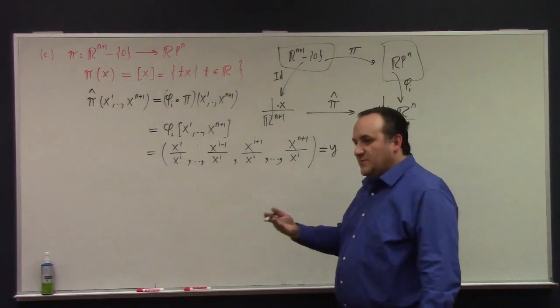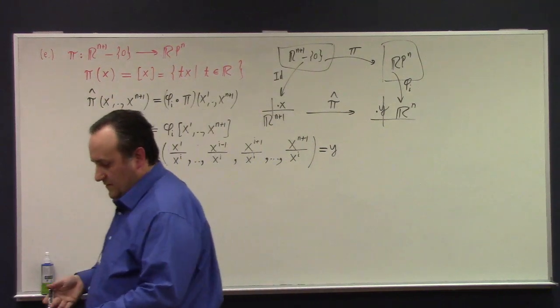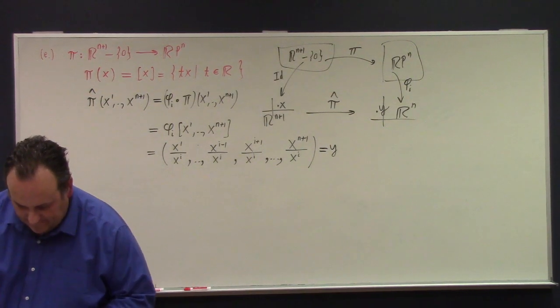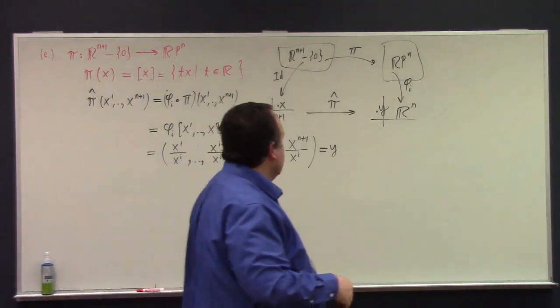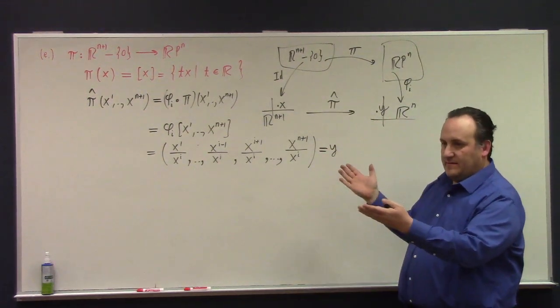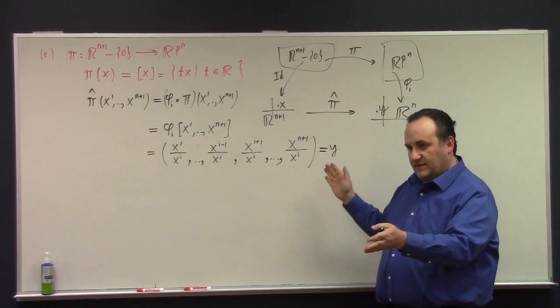Is that smooth? Is that a smooth local coordinate representative? Well, what would be troublesome here is if we actually had xi equal to 0, but we don't because of the context.